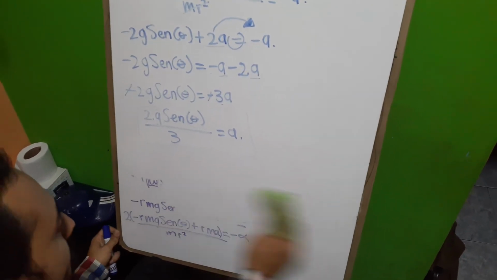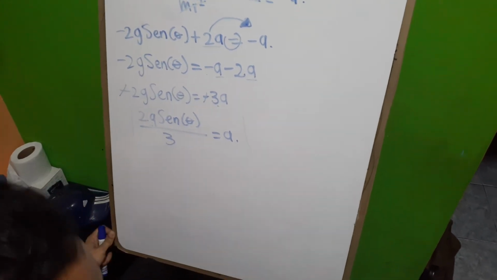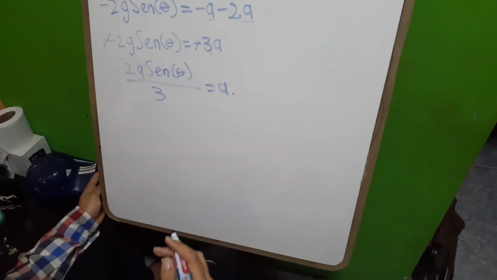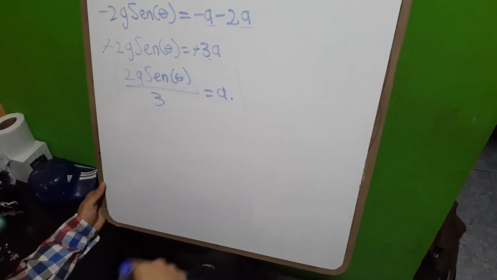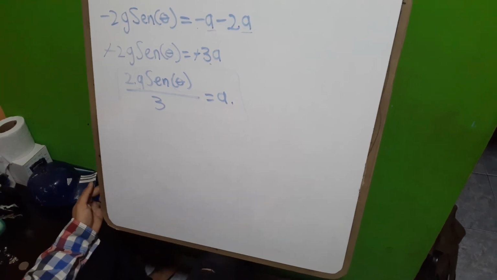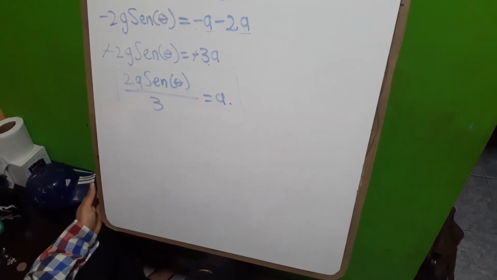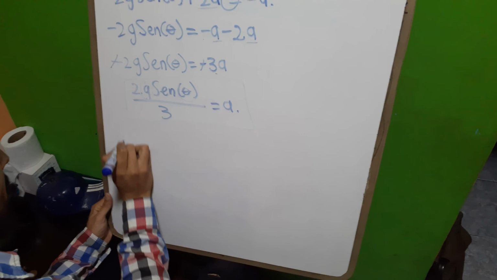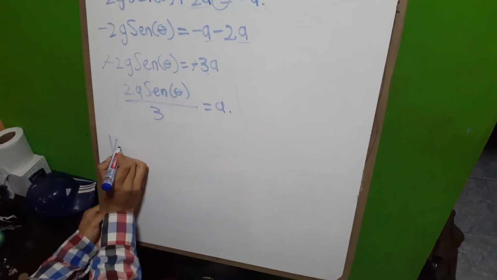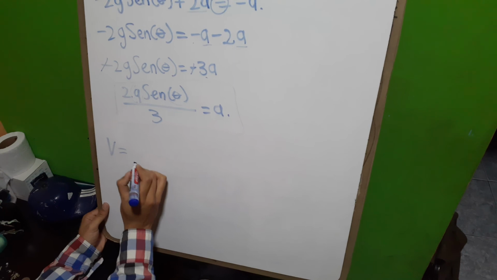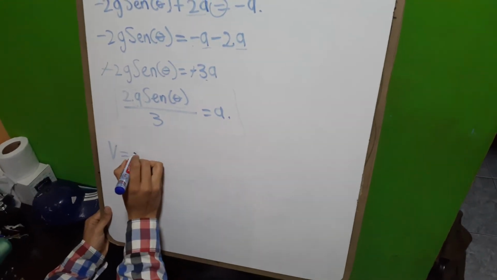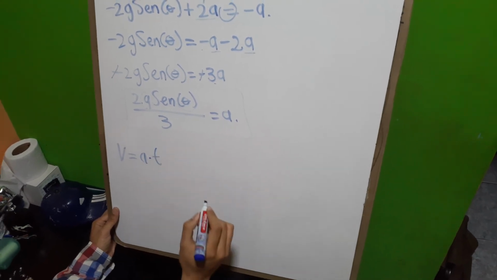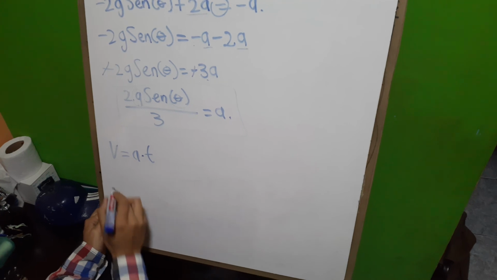And finally, with this equation, you can solve the system for position and velocity. Velocity equals acceleration times time, which gives 2g sin theta times t over 3.